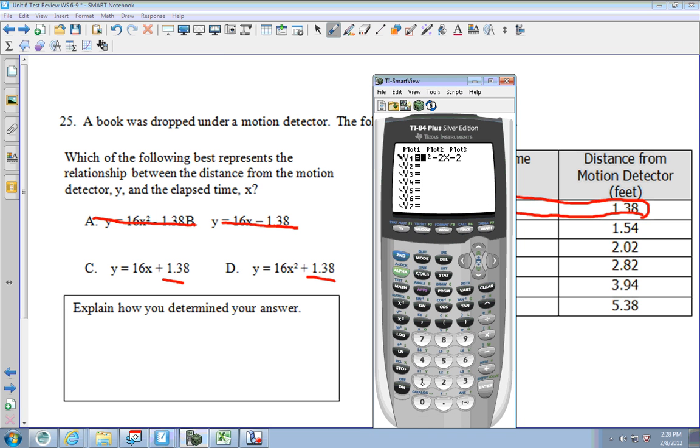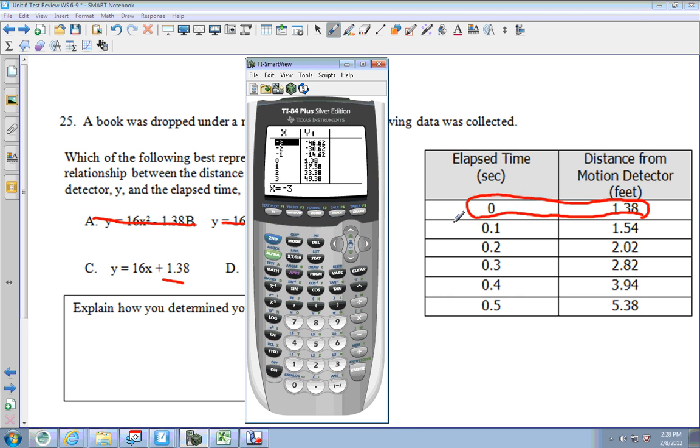I'm going to go 16x plus 1.38. And I'm going to press second graph. Now, the problem is these go by 0.1s. So we need to go to second window. Table start, let's start at 0. And let's go down here and put in there 0.1. So now let's go second graph.